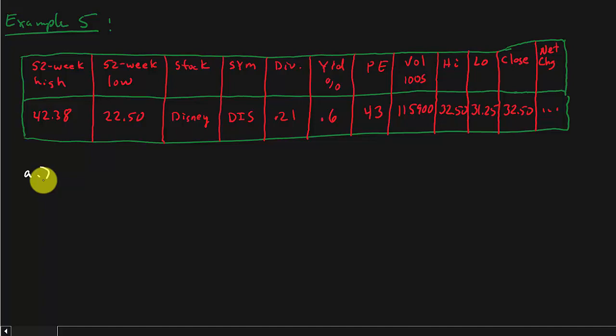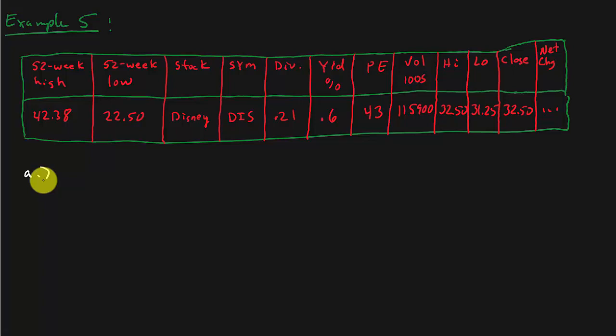So for the first question, we want to use this stock table here. This is a stock table for Disney, and we want to answer some questions. So what were the high and low prices for the past 52 weeks? Well, that's easy enough, right?